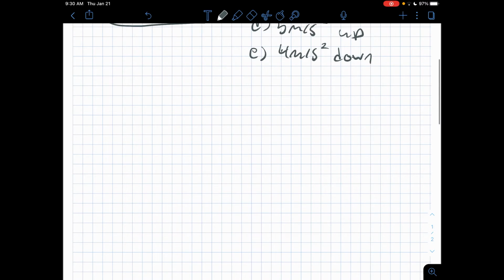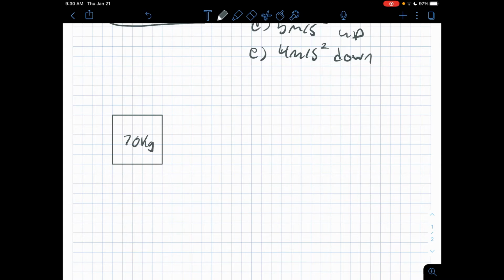So the first thing you want to do in any physics problem, more specifically a problem involving forces, is draw the free body diagram of whatever object you're calculating for or observing. So in this case, we're observing the person here. The free body diagram, when the elevator is at rest, would look something like this.